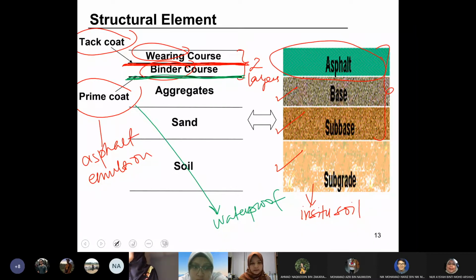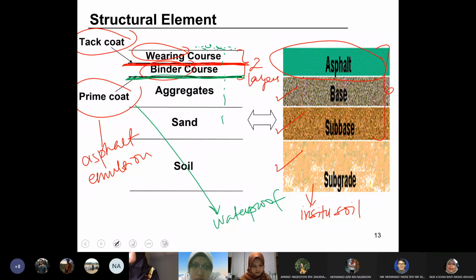Kalau tengok, ada dah banyak-banyak jalan yang dekat Johor, dekat Kelantan, dekat Pahang, banyak yang dah rosak. Sebab kita tahu, air adalah the most powerful agent to disrupt our road surface. So dia kata di sini, kita kena prevent from the surface runoff. Air hujan kan, bila hujan turun tu ada surface runoff di permukaan, from penetrate through the base layer.